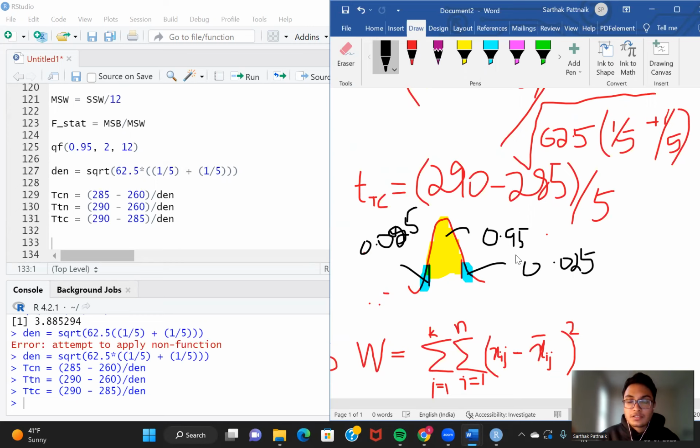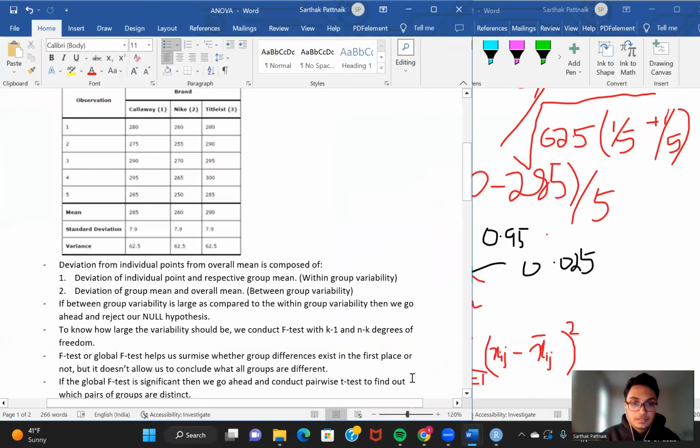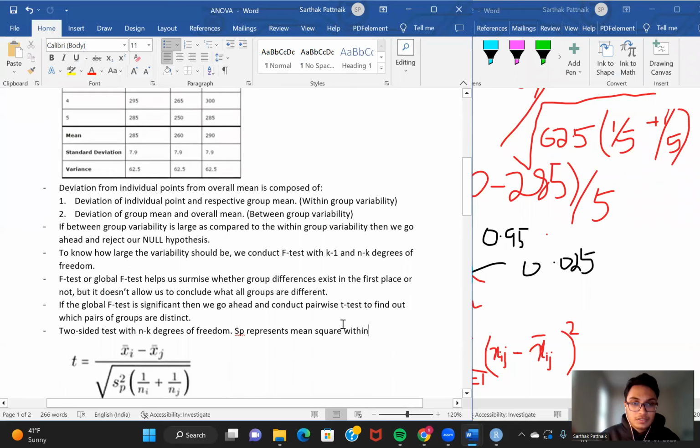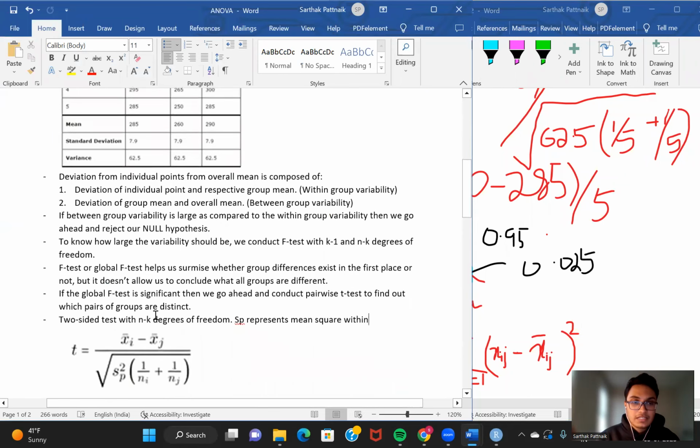So the area to the left of the critical t value becomes 0.975. We have to do the t-test with n minus k degrees of freedom. The pairwise t-test will be done at n minus k degrees of freedom.